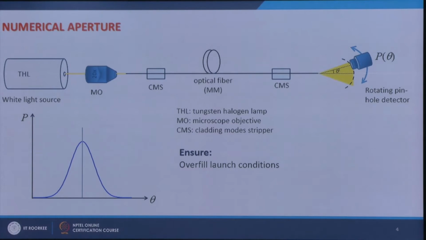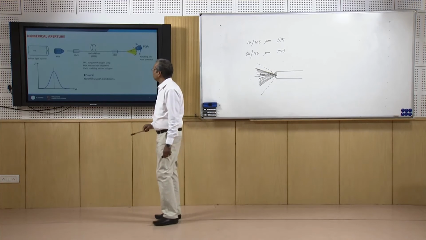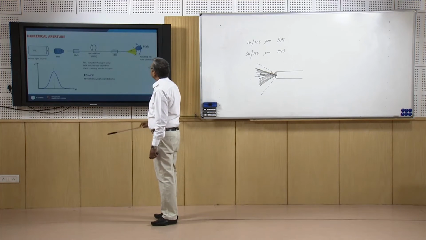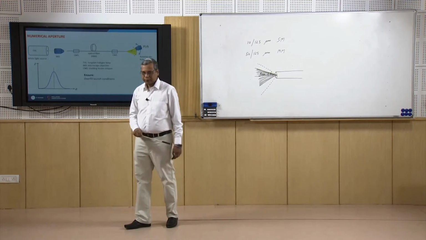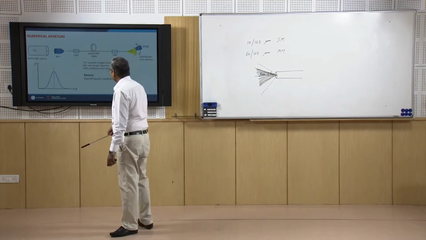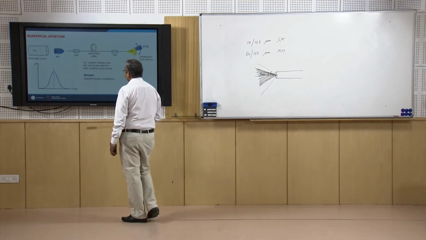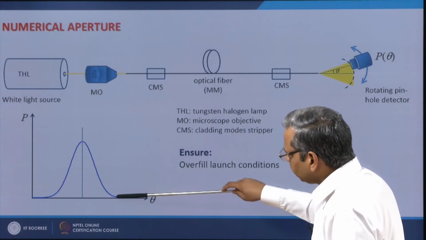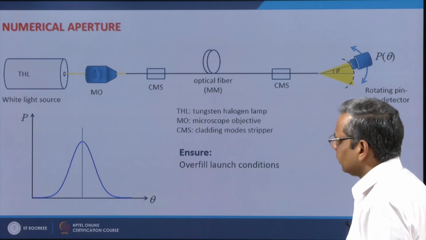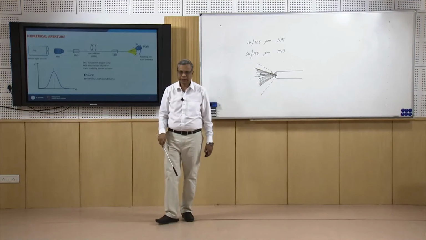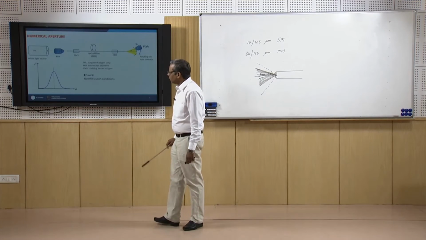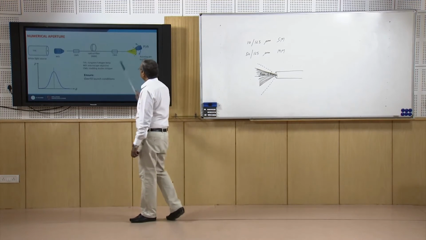I need to find out this Imax, and Imax corresponds to the boundary of the cone, the semi vertical angle of the cone. But when I see this, it does not drop down to 0 abruptly, but it slowly goes to 0 and it will be 0 at theta equal to infinity, for example. So, we have to define this boundary.